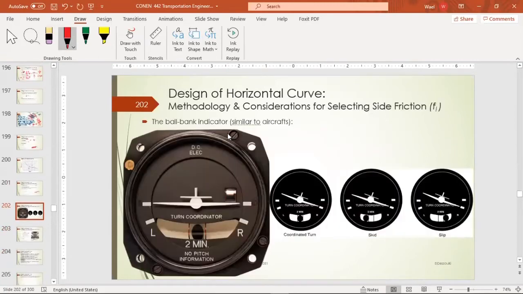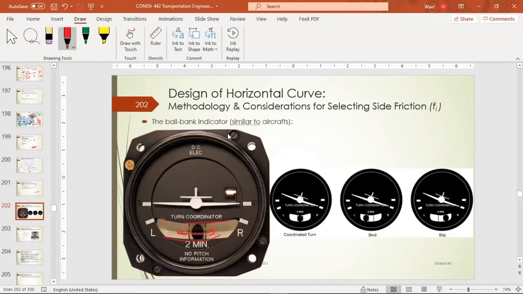Okay, if we look at this piece of equipment, this is usually found on aircraft, and this is the turn coordinator. In this situation, while the aircraft is turning, this pole, this is a metal pole, as you can see, and this is an arc curve like this. It can go either way.